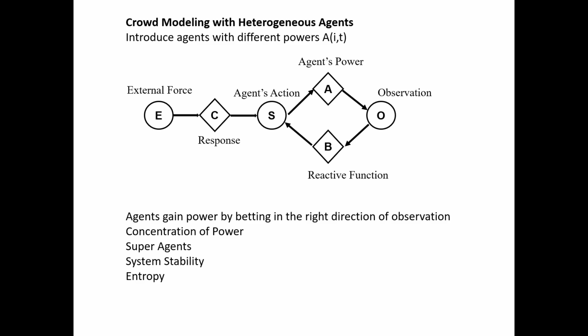That's how concentration of power is formed. The super agents will be born in this case. A system may not become stable when that happens. And this actually can be expanded into a discussion of entropy, what is order, what is stable. But this is beyond the scope of this lecture.